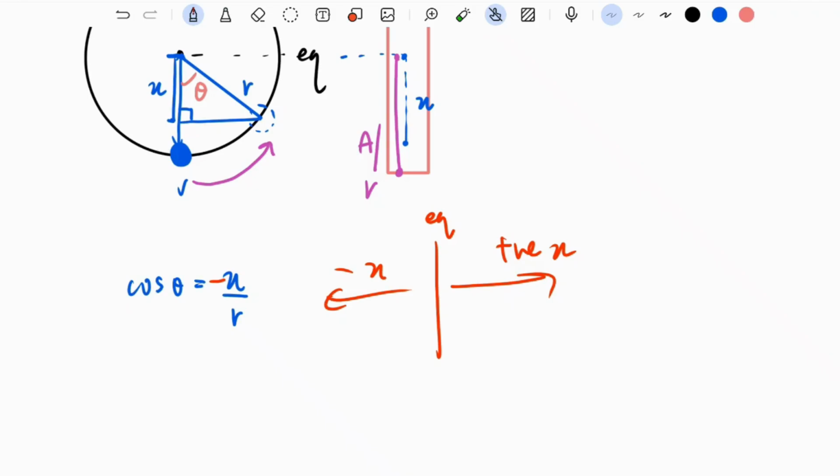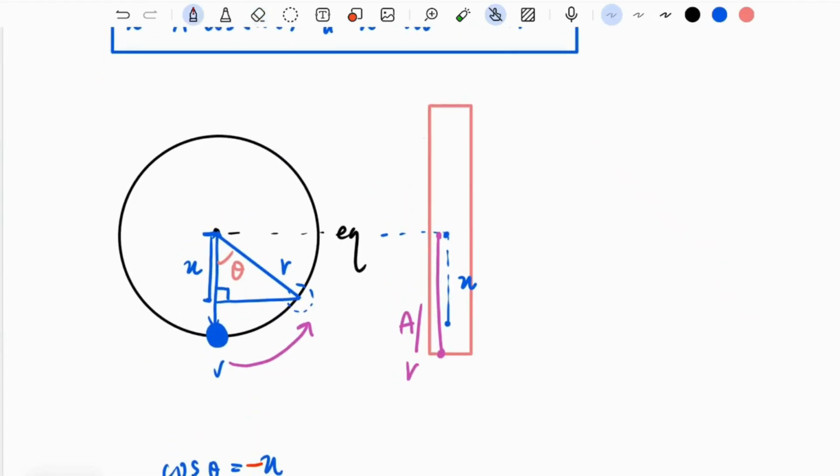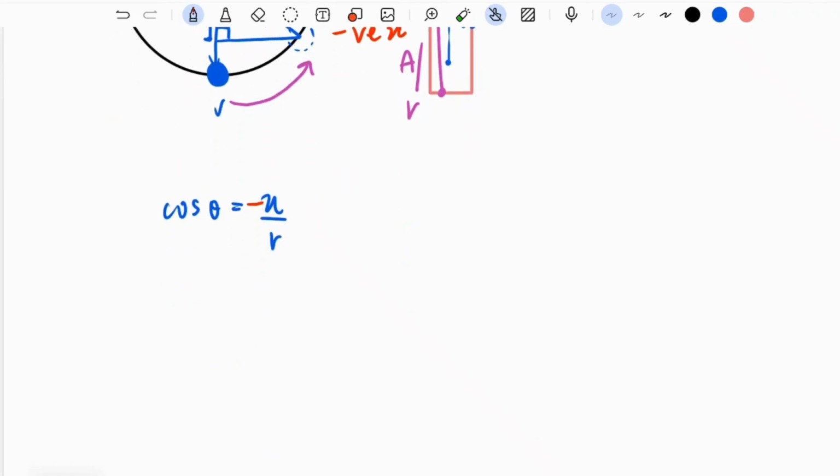Now, if the motion is in the circle, anything above this equilibrium line is positive, and below it is negative. It shows the negative displacement. So we should have negative x over r. When we rearrange this, x equals negative r cos theta.